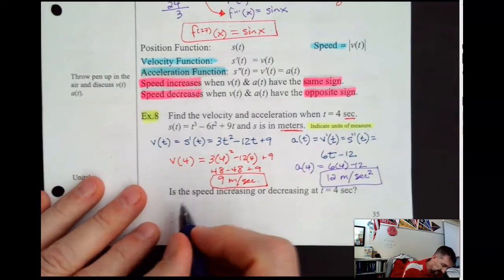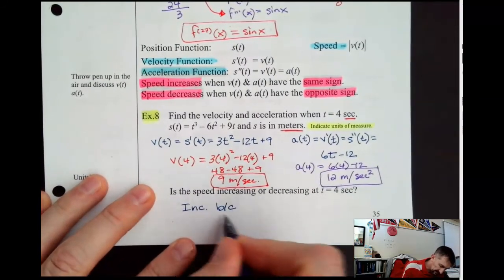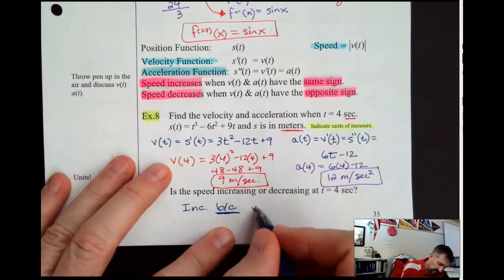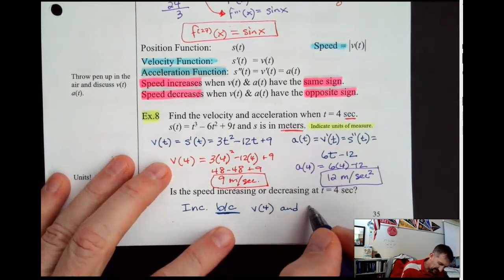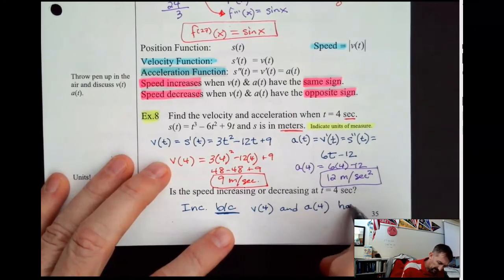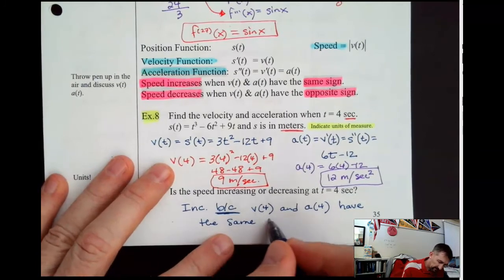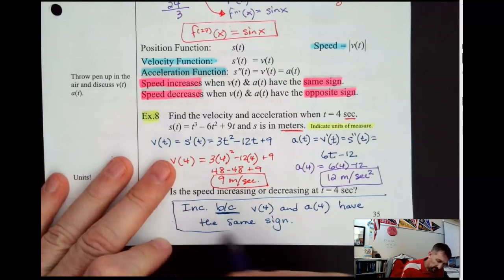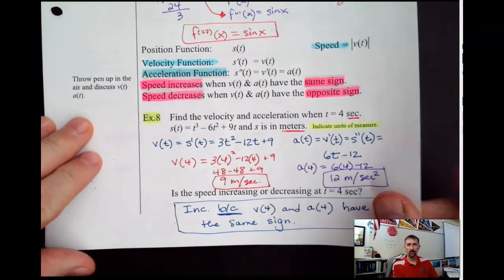So we would say it's increasing because, very important, because v of 4 and a of 4 have the same sign. And in our work somewhere, we would want to have some evidence of that. All right?